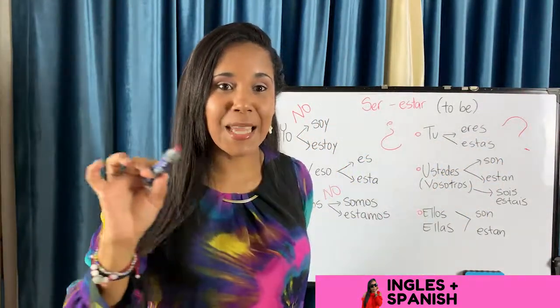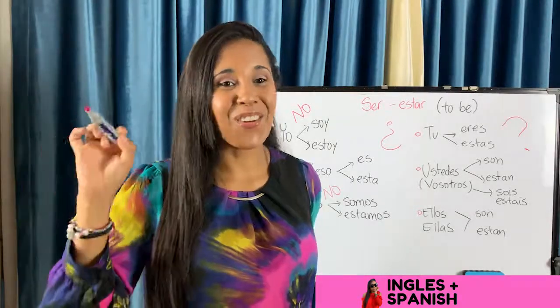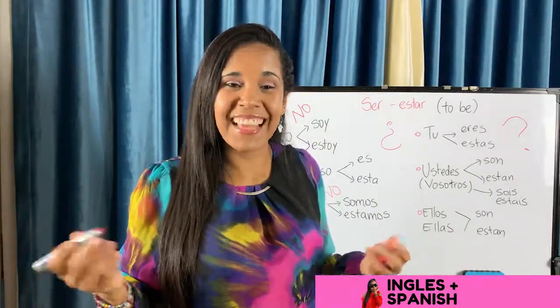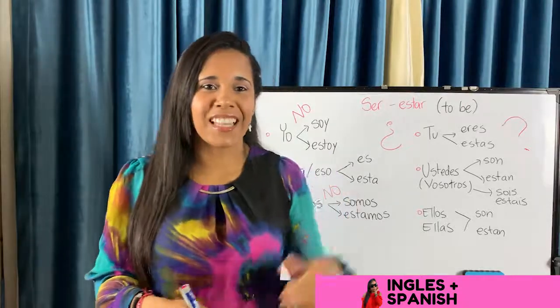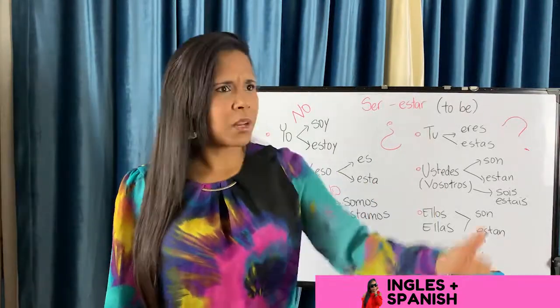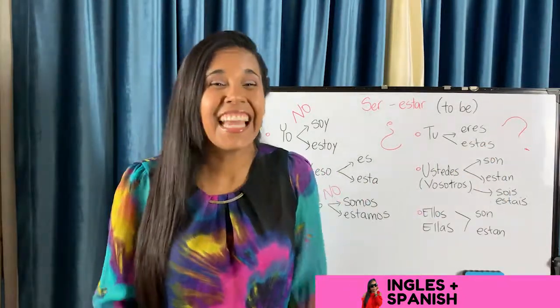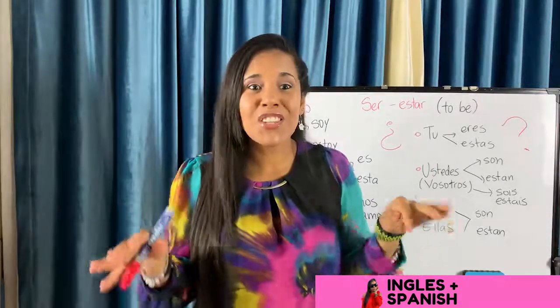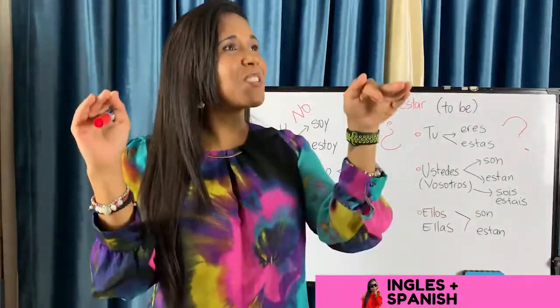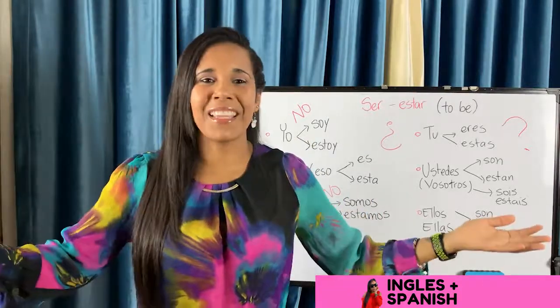So it's the same structure, but only change your tone. So instead of saying, tú eres mi amigo, that's affirmative. Now question, ¿tú eres mi amigo? You're asking. Just raise your tone at the end, and then you're making a question.